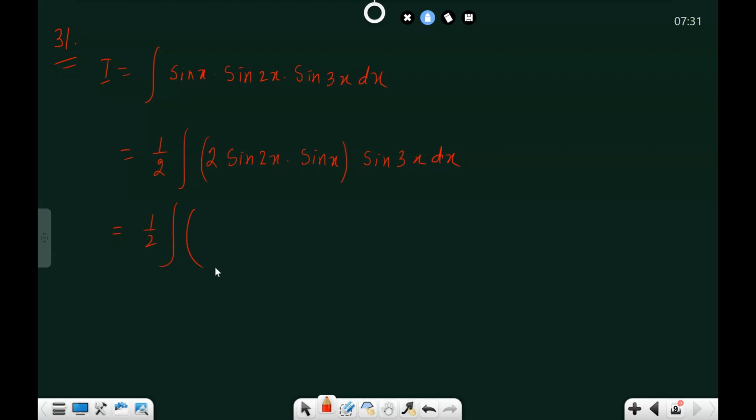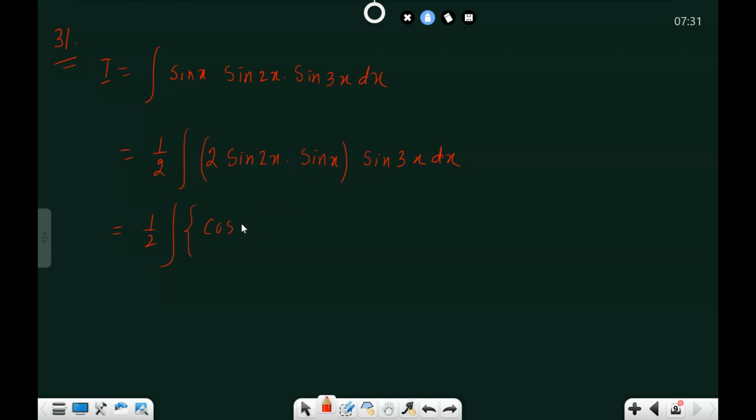2 sine, you just think as like 2x is x and this x is y. So 2 sine x sine y is equal to, sorry, you just give a curly bracket here. This is cos of x minus y, sorry, this is not x minus y, this is 2x minus x.